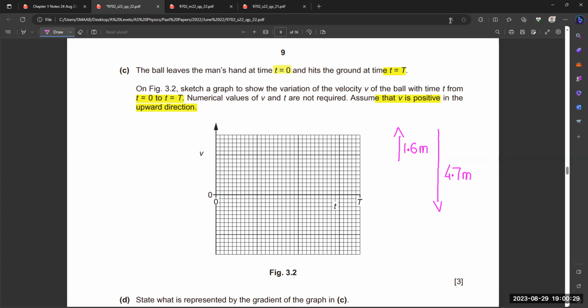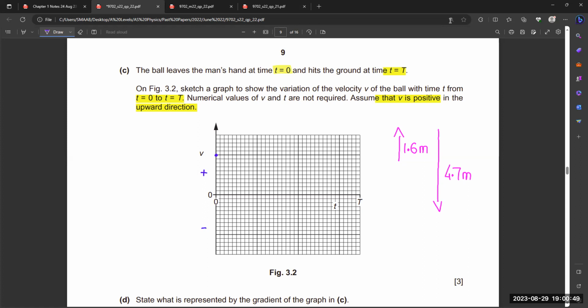So let's suppose we consider this side positive and the downward side negative, and they mention that we assume v is positive in the upward direction.